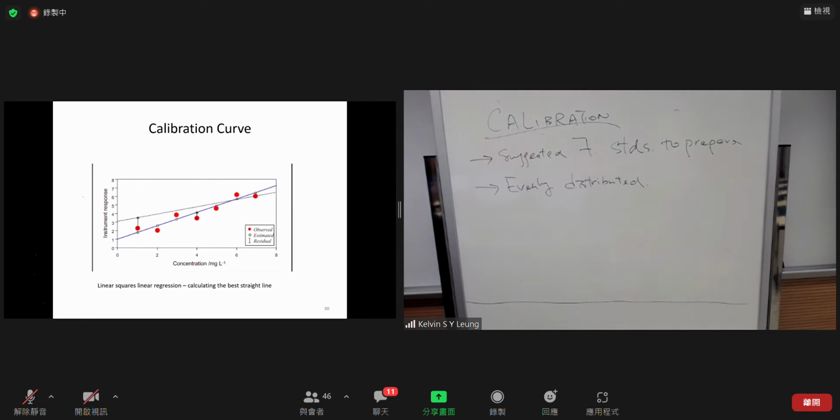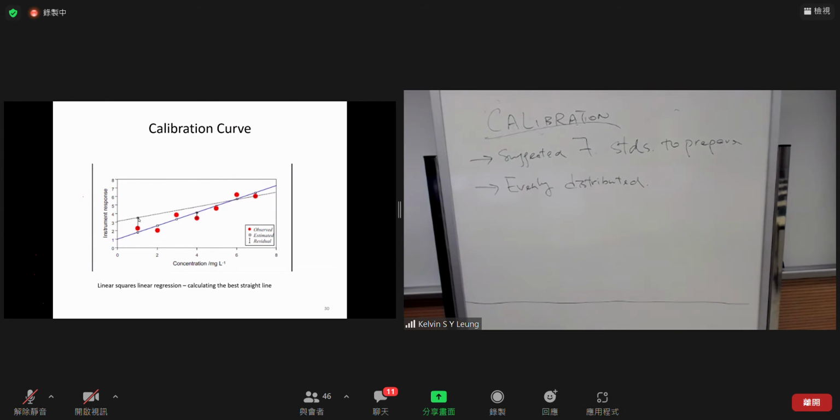So in here, we are aiming to have linear regression, okay, with the given intercept and slope, but we have to consider the residual, okay. The residual is the difference between the observed and the estimated one, okay.